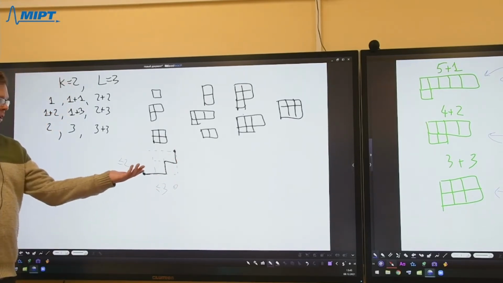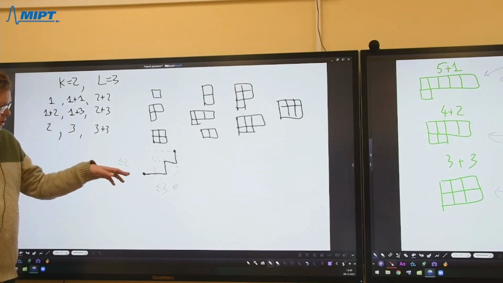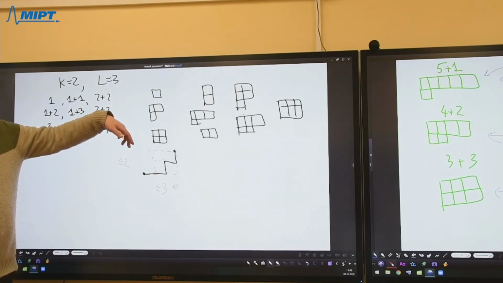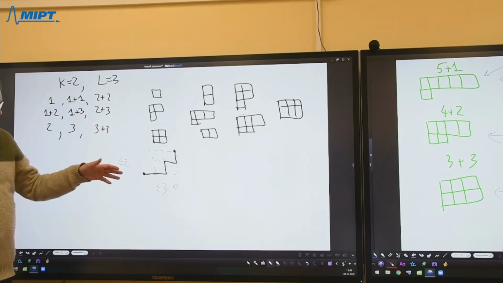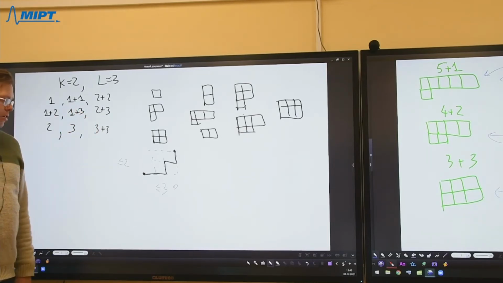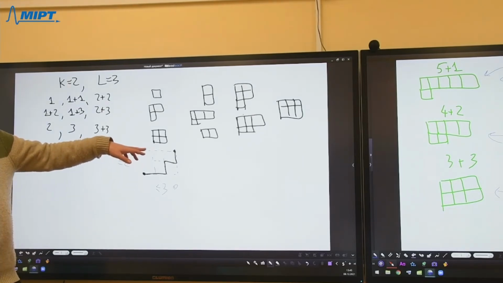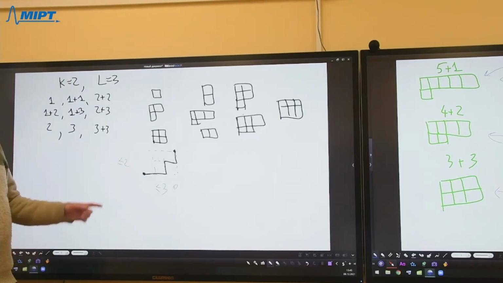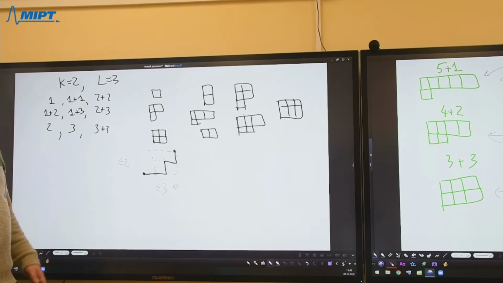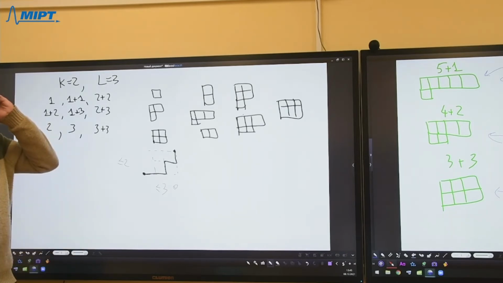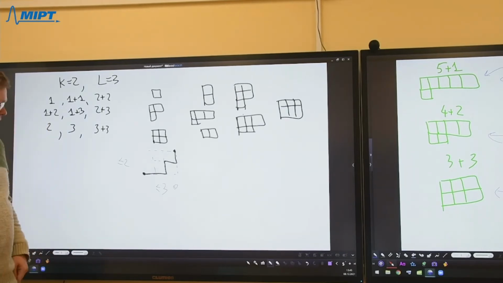And maybe this reminds you of a similar question. We go only up and right, starting at the lower left corner, and we want to get to the upper right corner. What is the number of such routes? It's some kind of permutations here.